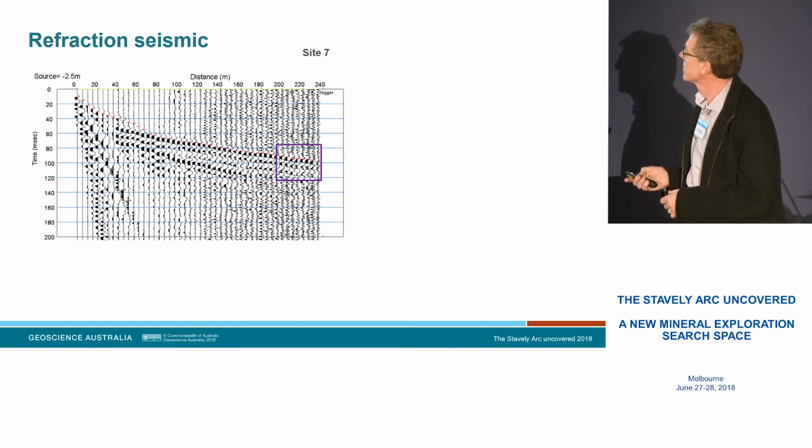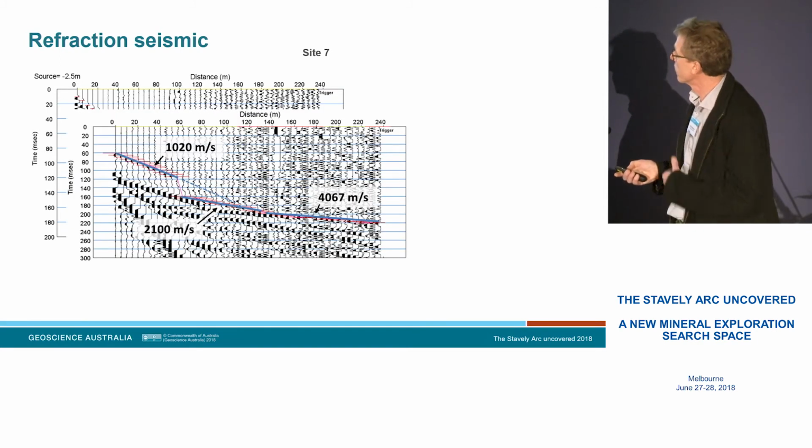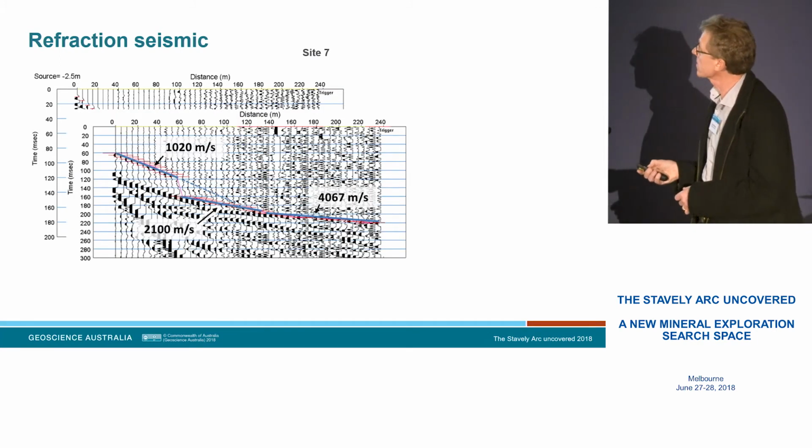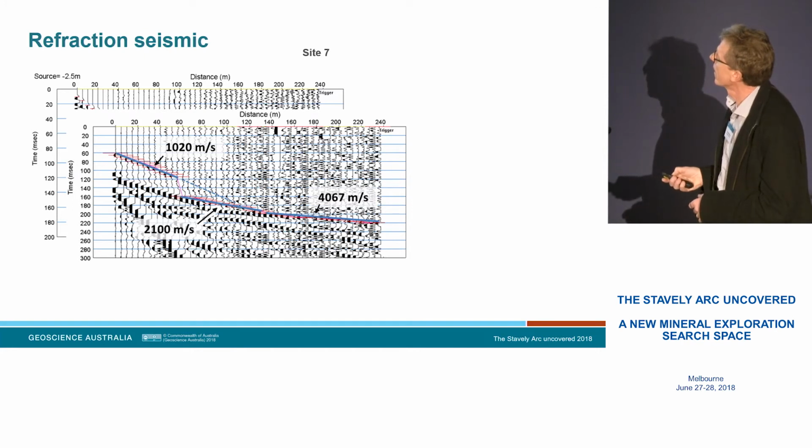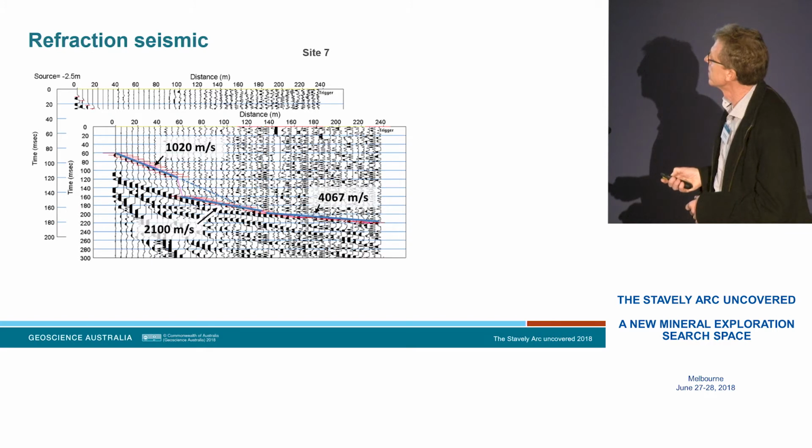This is a result of one of the shots. This is your spread for your geophones, the location of the shot right on the edge of the spread, and you can see the first breaks. Looking at another shot a bit further out on the end of the line, I've now drawn in the refractors.